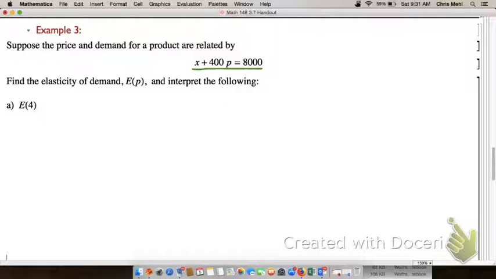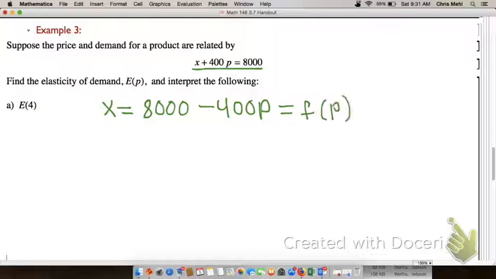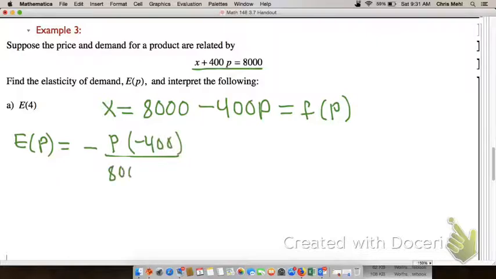Now, first, you have to solve the demand equation for x. So you'll get x equals 8,000, and you can subtract the 400p to the right-hand side. That is going to be your demand function f of p. And then the formula for elasticity at a price p dollars is going to be minus p times the derivative of x, or f prime of p, which is just negative 400, divided by the original demand function, 8,000 minus 400p.